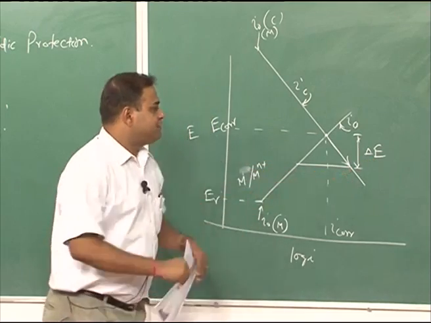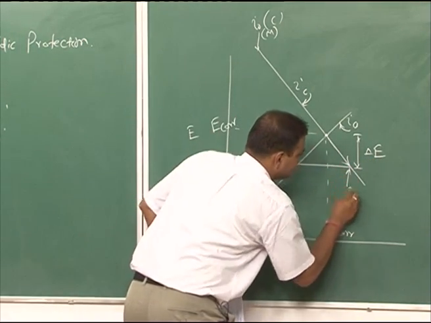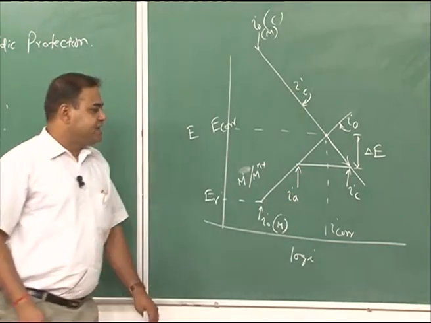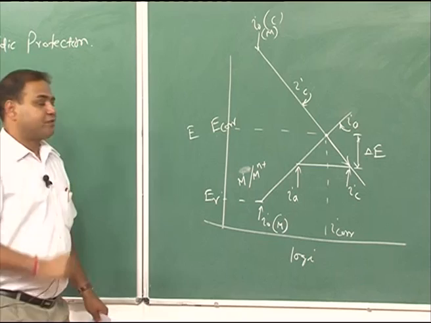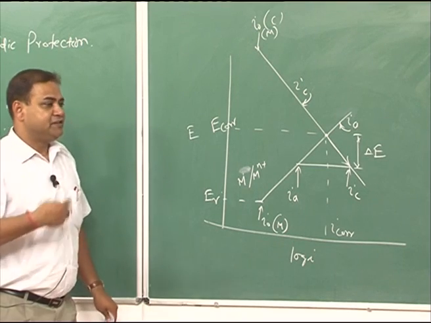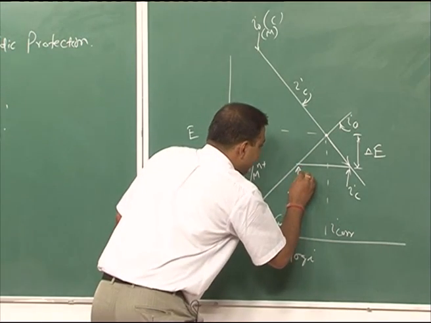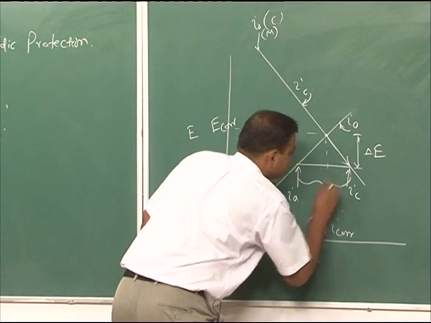Now, at this point, this is my IC and this is my IA, and IA is nothing but the corrosion rate, because IA indicates the anodic current density. So, my applied current would be this much.